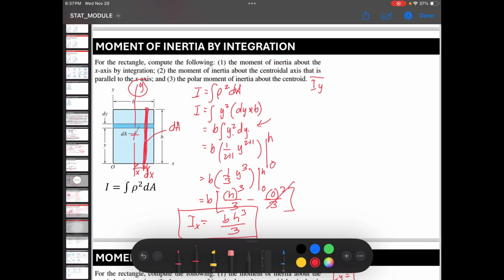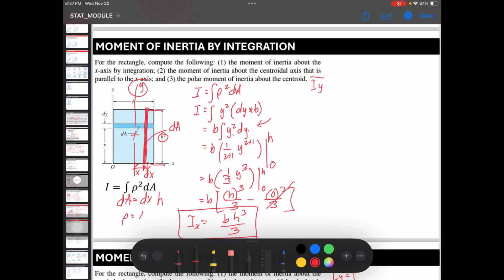Okay? So, that is our dA. dA is equal to dx times its height. Since that is constant, that is h for the area, the differential area.